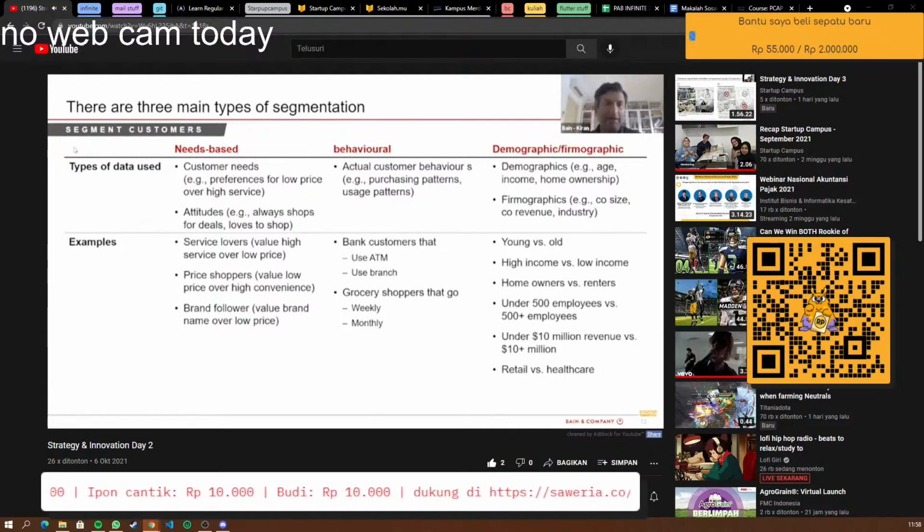And in my experience in real life, the best segmentation approach that works is a combination of one or more of these 3 approaches, right? Now I'll start from the right because it's the easiest to understand, it's the easiest to explain, called demographic or firmographic segmentation.